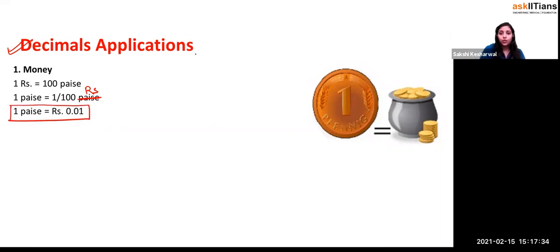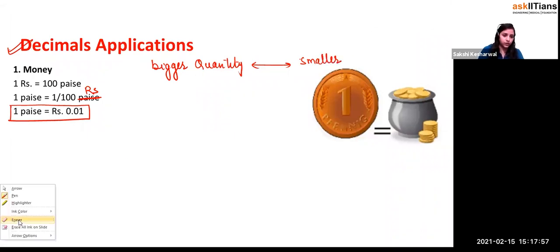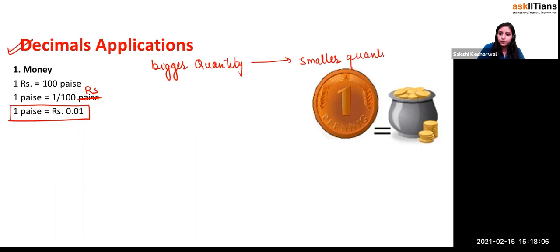So if you want to do the conversion, like if you want to compare a bigger quantity, I think we have done this a little bit in class 5 also.